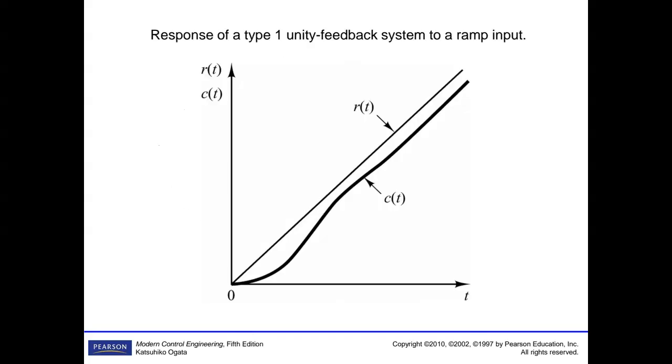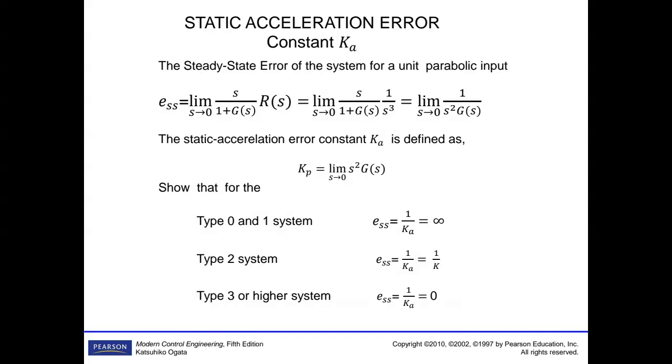Of course your system type 2 is necessary. If it is a type 0 or type 1 system, then the error is infinite. That is the table for K values.